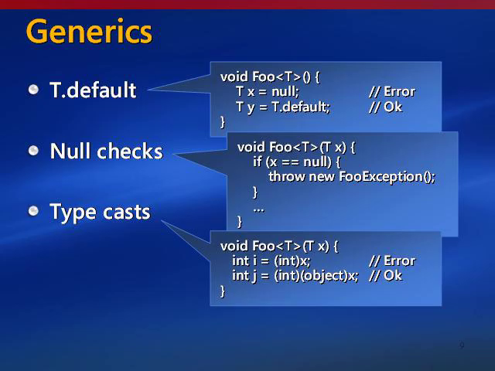If I write code like this, if x equals null, throw some exception, what the jitter will do is, if T is a reference type, it'll keep the code and compile it in. If T is a value type, the jitter will simply throw away that code branch, because it knows T could never be null. So I now have a nice way of writing code that only executes for reference types and just goes away with value types, which turns out to be very useful in many situations.